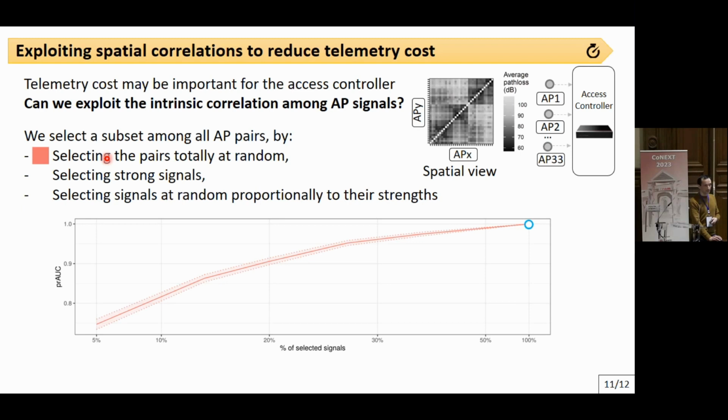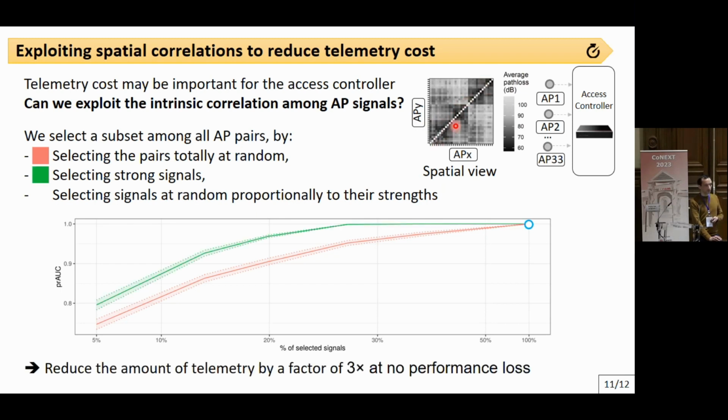If we do this, we already get quite good results with some degradation in the PR AUC, but it is not that strong. Another strategy that we tested is to select deterministically based on the stronger signals, so the ones that are closer here to the diagonal. If we proceed like this, we observe that we can reduce the amount of telemetry by a factor of 3, which is this line here, without performance loss.